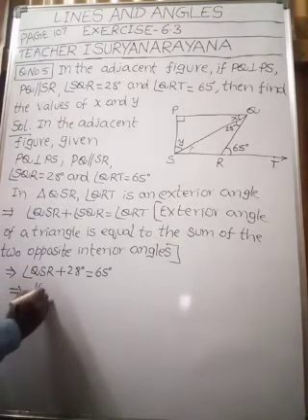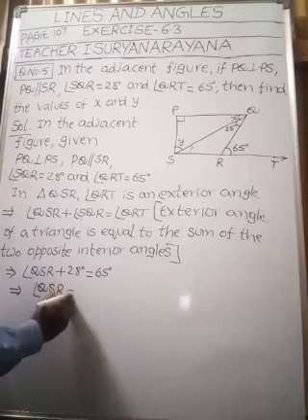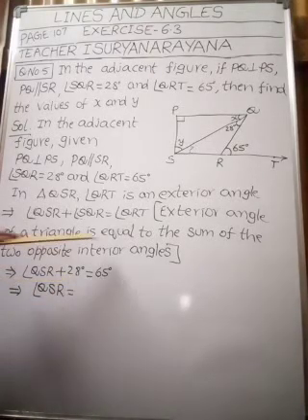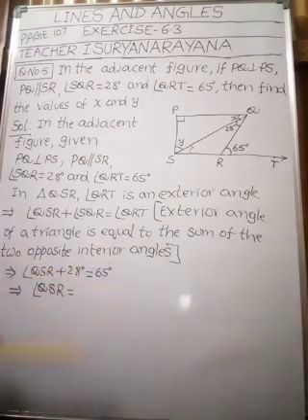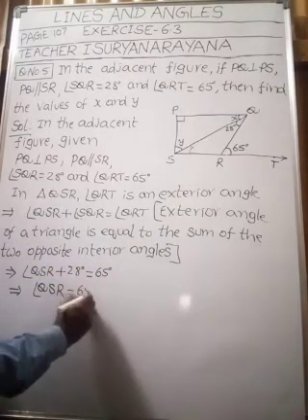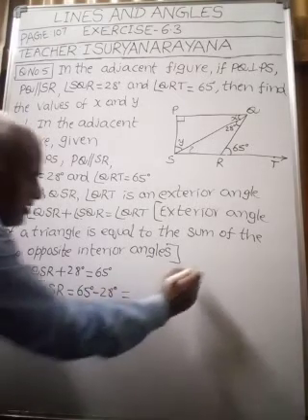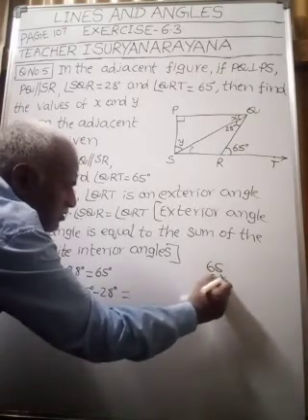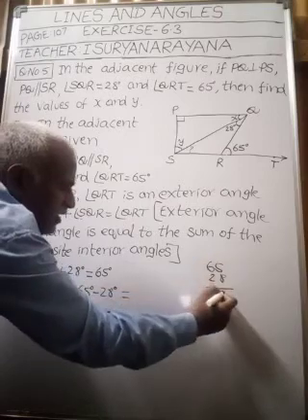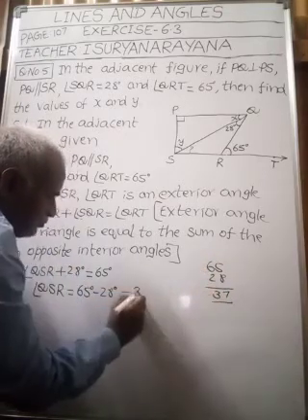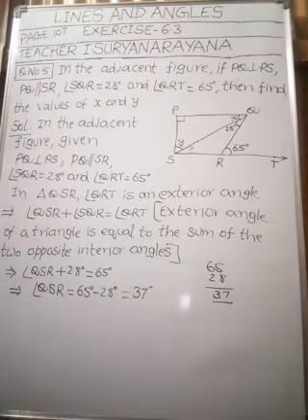Angle QSR, we transpose plus 28 degrees to RHS, then it becomes minus 28 degrees. So 65 degrees minus 28 degrees. What you will get? 65 minus 28. 15 minus 8, 7. 5 minus 2, 3. 37 degrees.